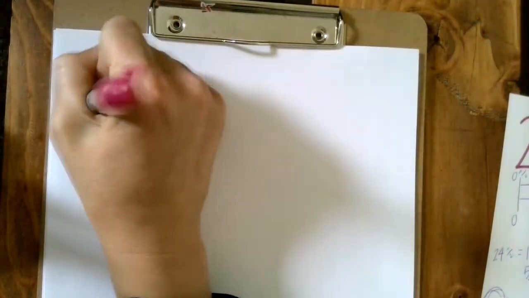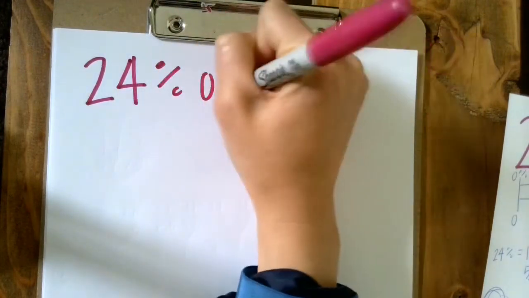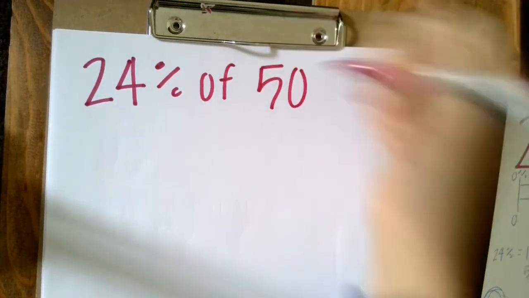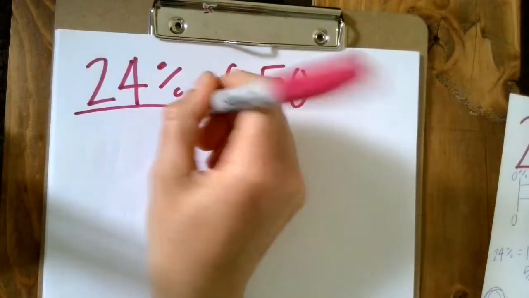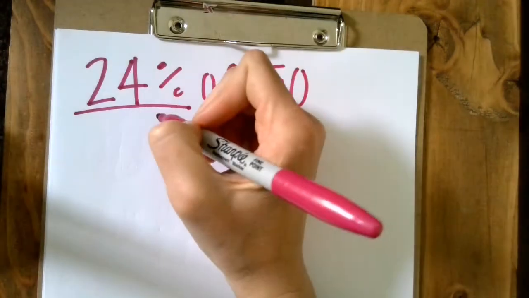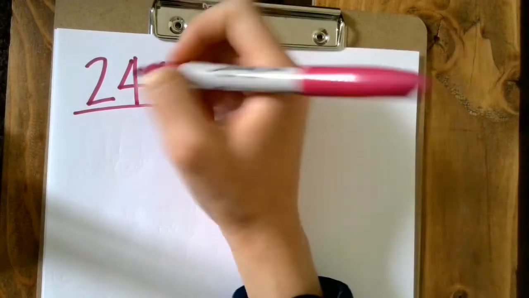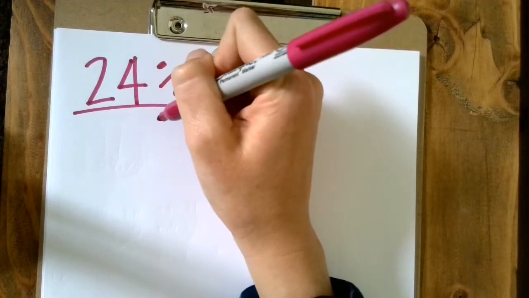So we were looking at 24% of 50. What I know for sure is that a percent can also be written as a decimal, and it's still an equivalent number. So I'm going to turn it into a decimal. Remembering that percent means out of 100, so it's 24 over 100.